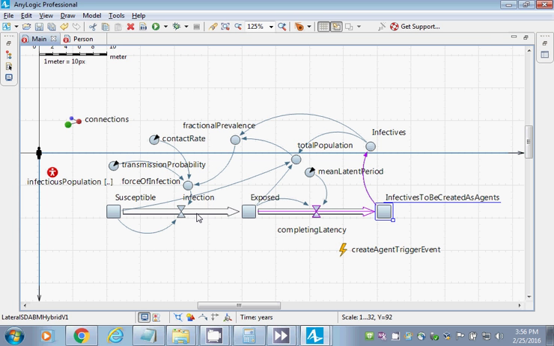So here, most of the population would be here, but once people become infectives, then we might turn them into agents. So if we run this model, ladies and gentlemen, what you will see is people starting in this population here, but over time, people will turn into agents because they've reached this point in the continuum.